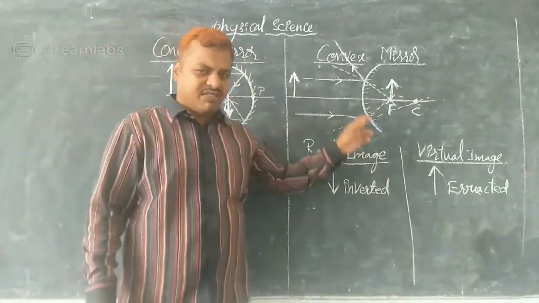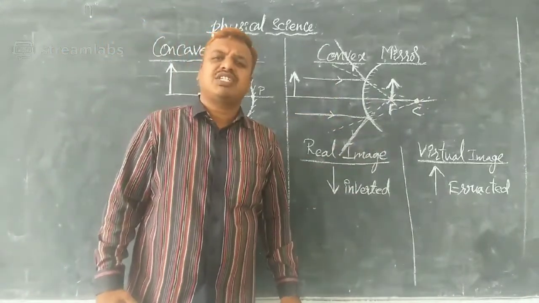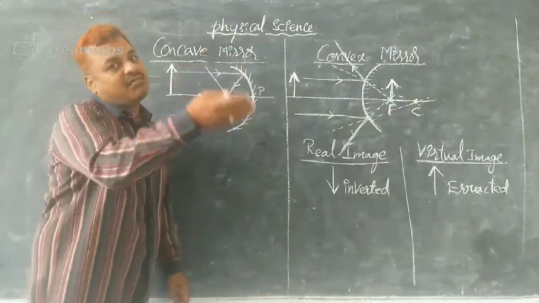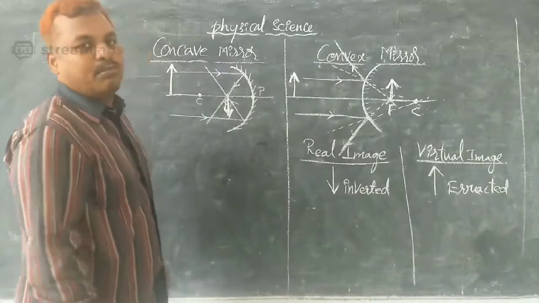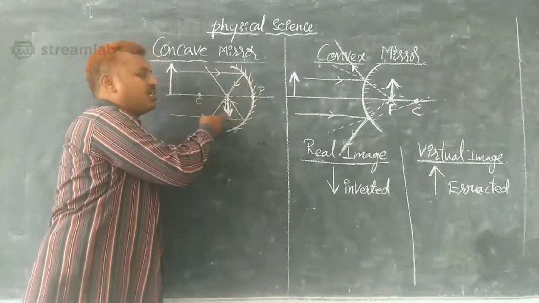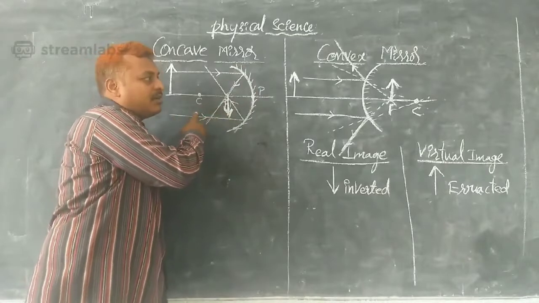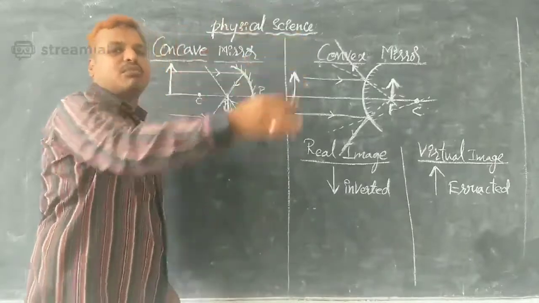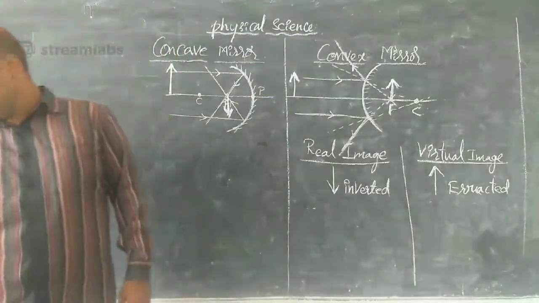Due to the diverging of light rays, the image is formed behind the mirror, on the other side of the object. In the concave mirror, the image and object are on the same side. In convex mirror, the object is placed at one side and the image is formed on the other side.